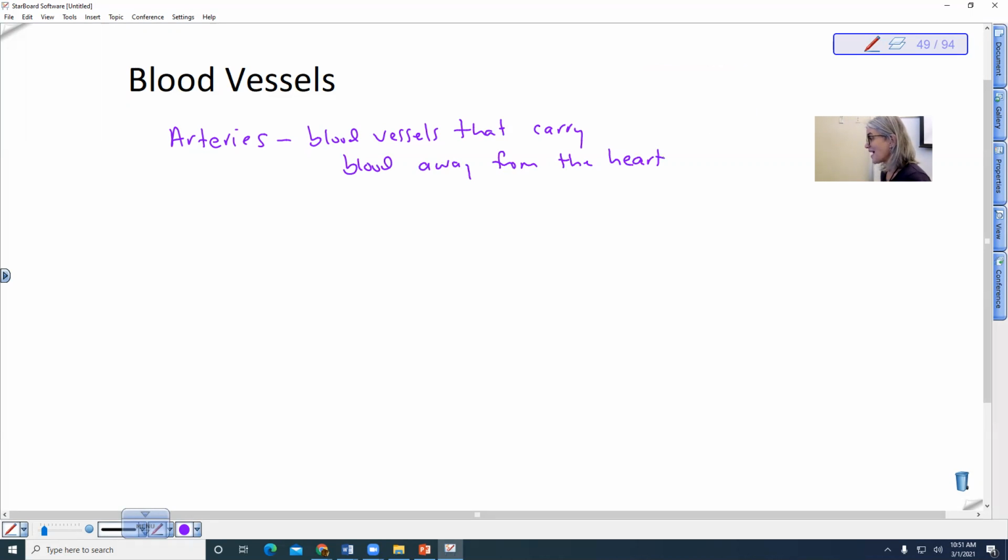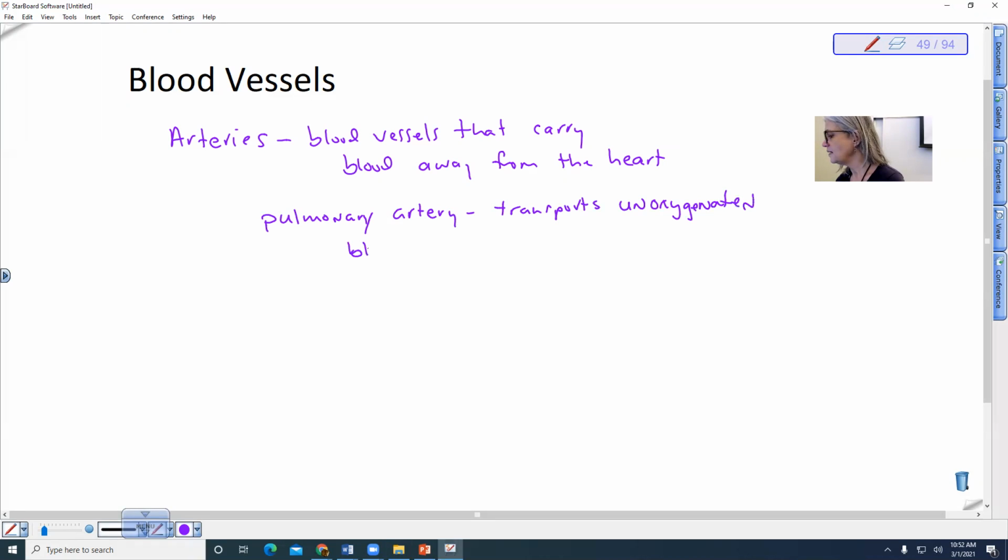Now, you might remember that there is specifically one artery in the adult that transports oxygen-poor blood. So in most cases, arteries are red in the diagrams, but the pulmonary artery is special because it transports unoxygenated blood to the lungs.